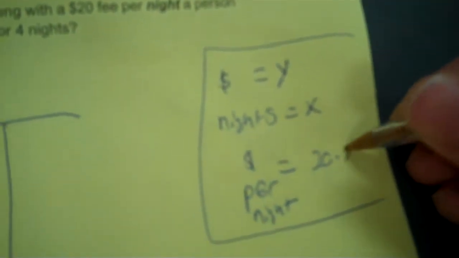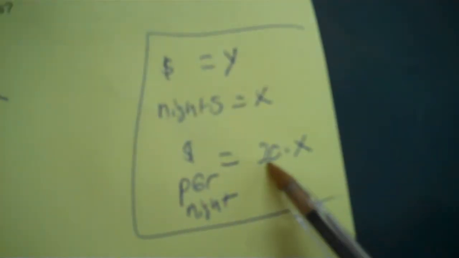night. Dollars per night. Dollars per night is 20, so 20 dot x, but is it negative? From the 50 it would go up because we're tracking their costs, because he charges 50 and then he charges $20 every night. So that adds on to it. Okay, so that's going to stay a positive.